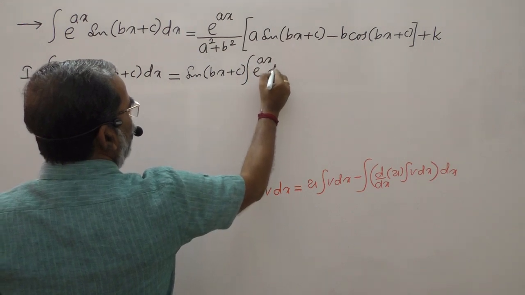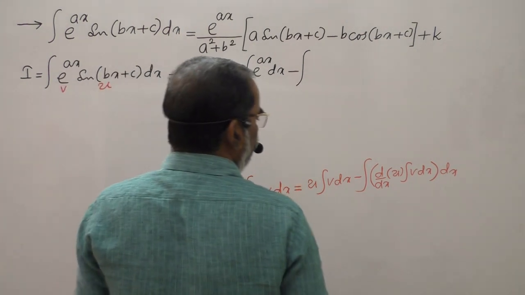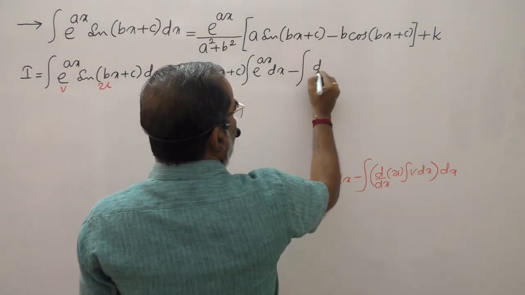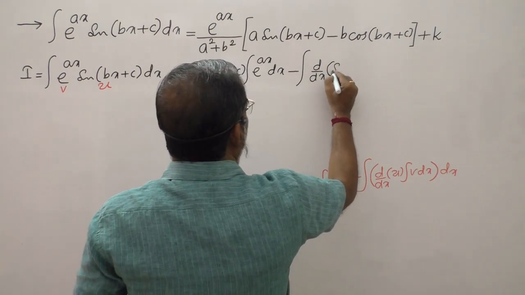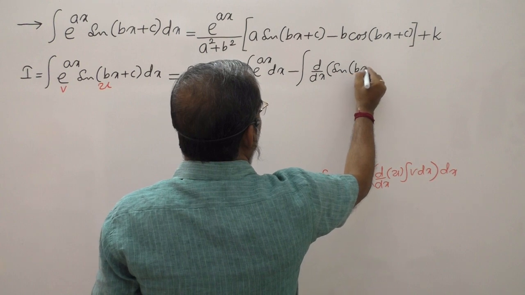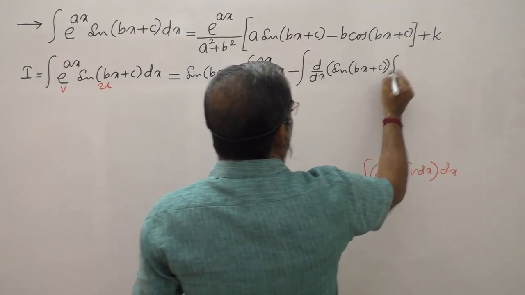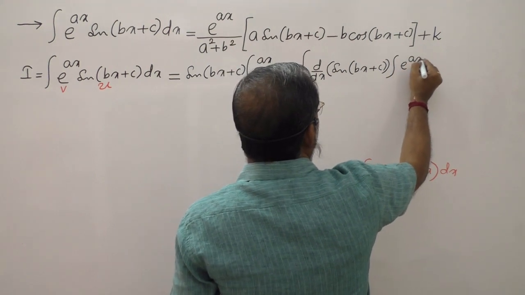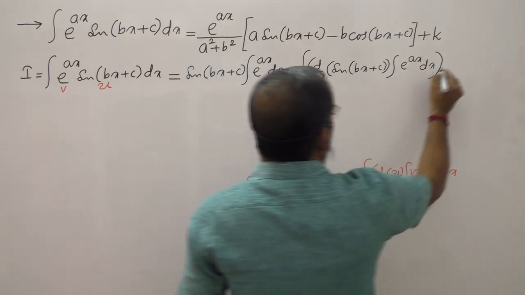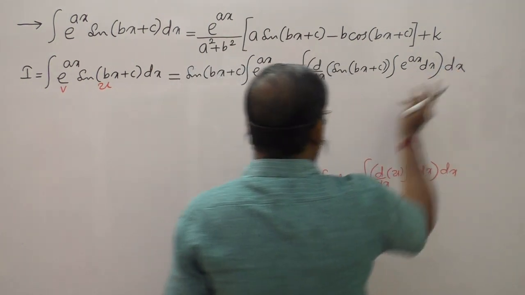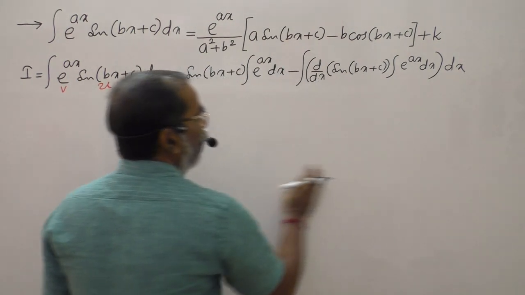E power ax into dx, minus integral of d by dx of u, that is d by dx of sine of bx plus c, which is u, the first function, into again integral v dx. For this product we have one more integral, dx. Yes. We have applied integration by parts.